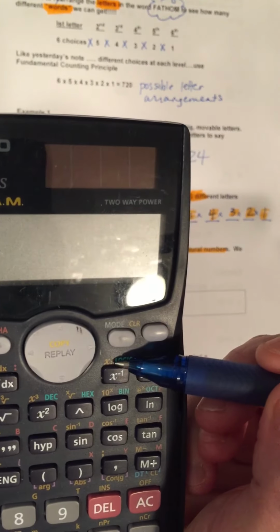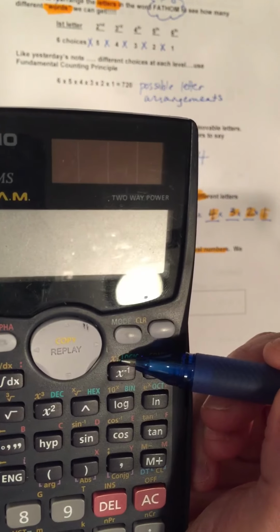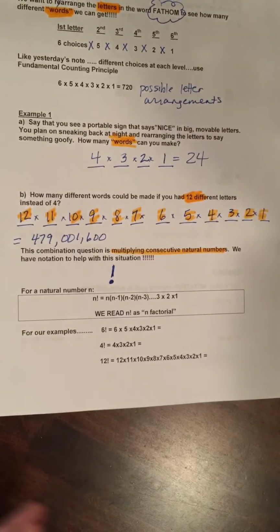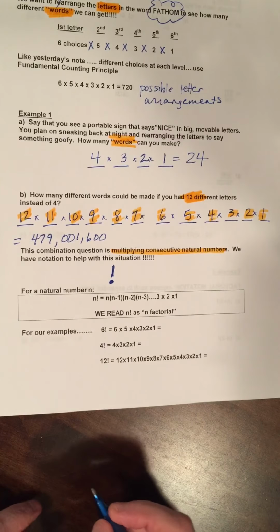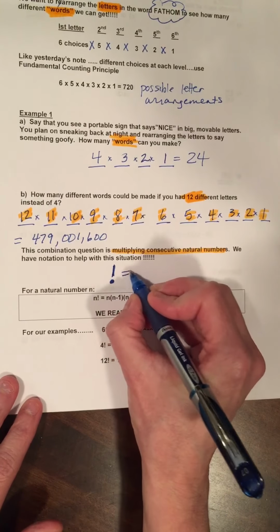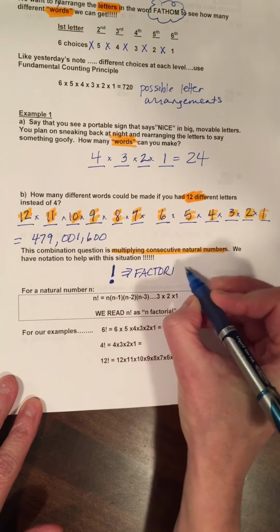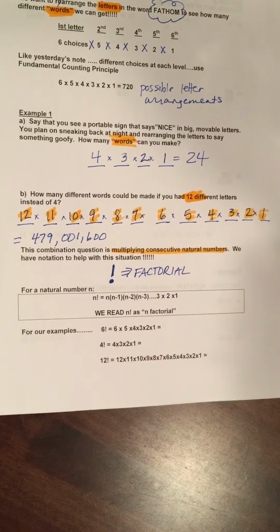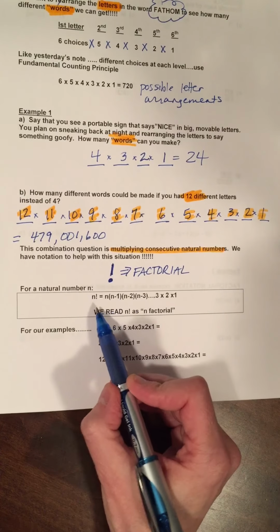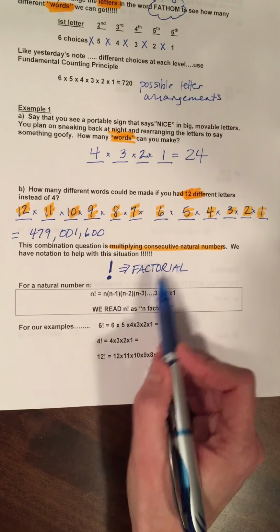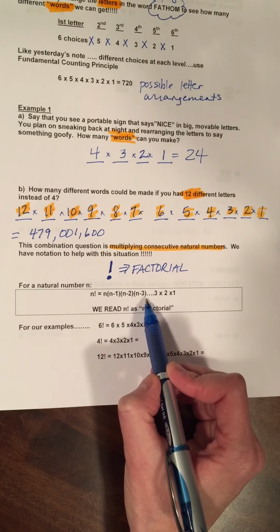It's in yellow, right above the x to the negative 1. Take a look at your calculator and see if you can find that symbol. It's called the factorial button, and what it does is multiply consecutive natural numbers.